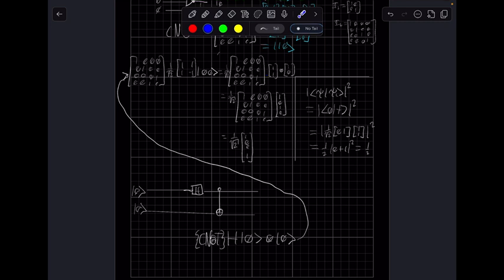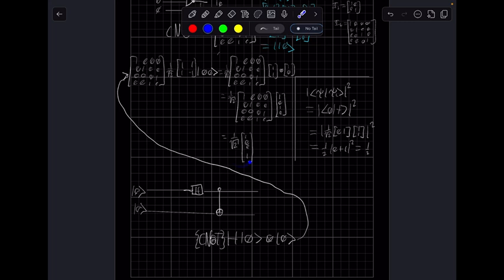Then when we expand that out, we get right here our 4 vector, which then gets applied to this 4x4 matrix. And then this compresses down to this, which may look familiar because it's our Bell state.